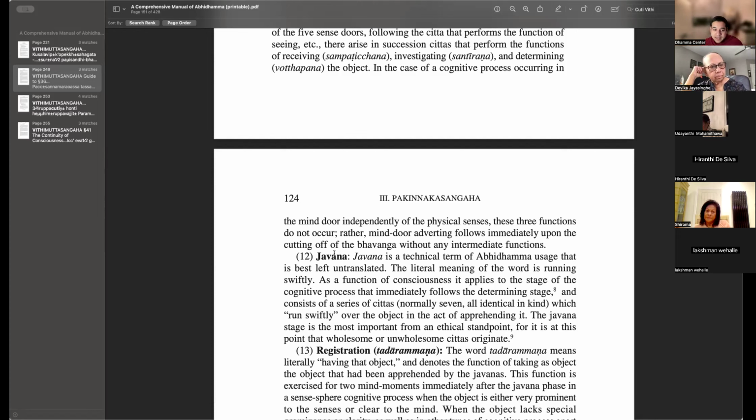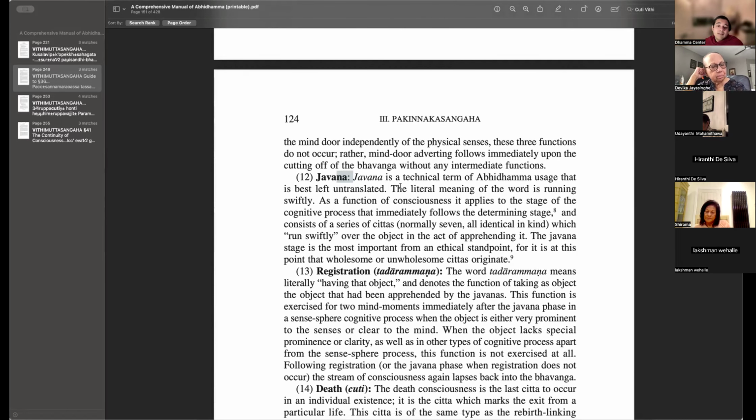Now, we come on to Javana. Javana is a technical term of Abhidhamma usage that is best left untranslated. The literal meaning of the word is running swiftly.